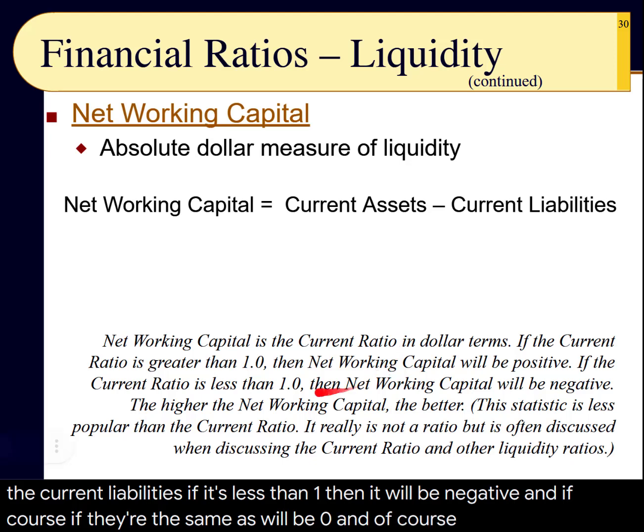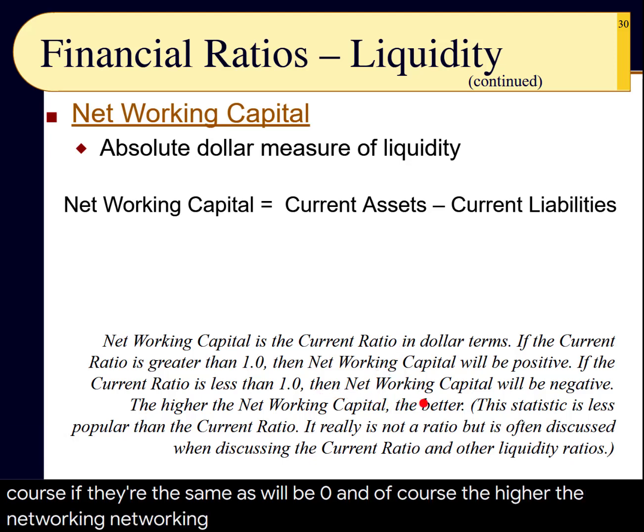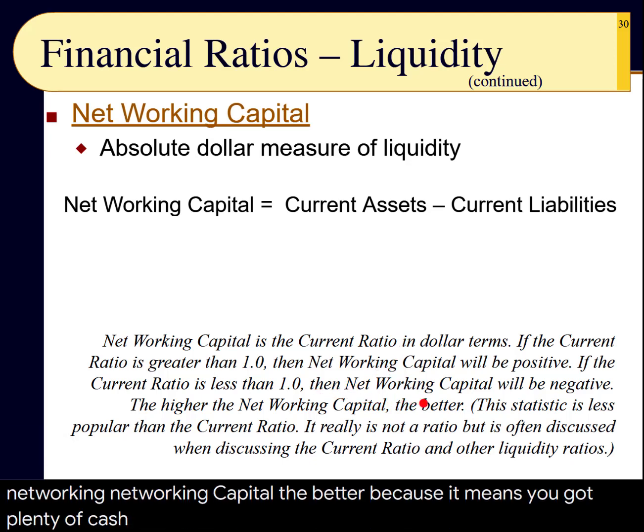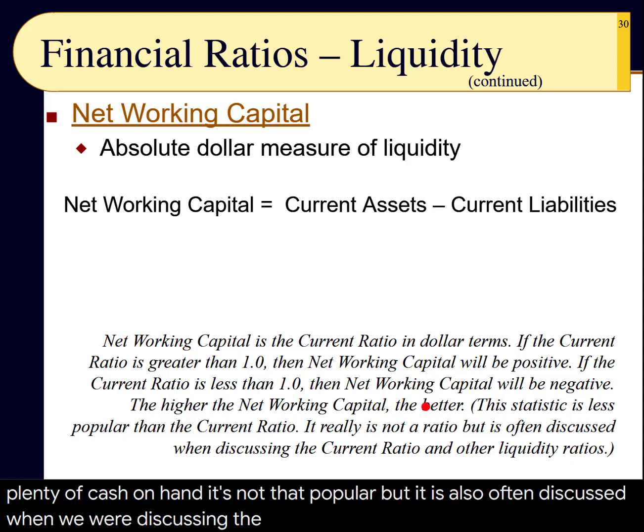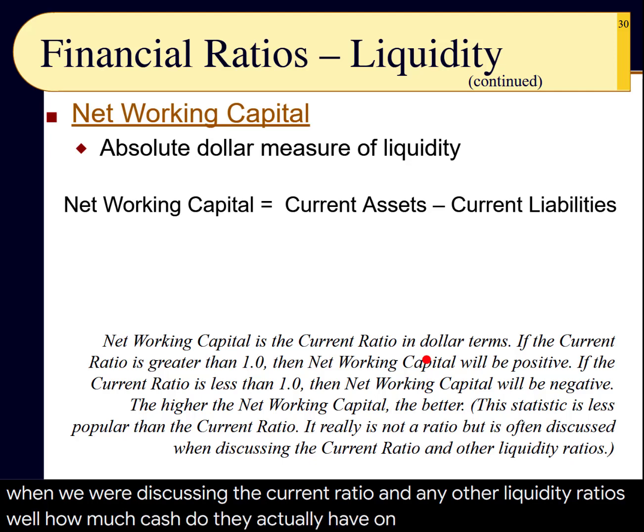And of course, the higher the net working capital, the better, because it means you got plenty of cash on hand. It's not that popular, but it is often discussed when we're discussing the current ratio and other liquidity ratios. Well, how much cash do they actually have on hand above and beyond their current liabilities?